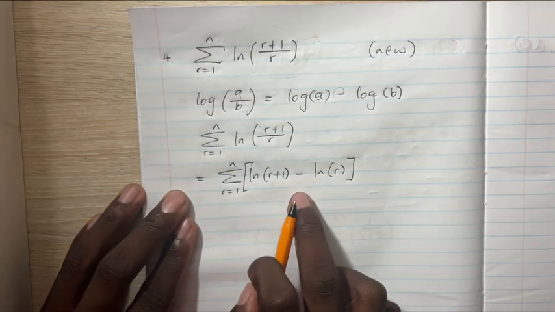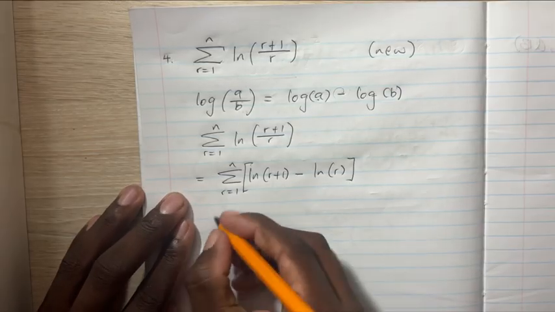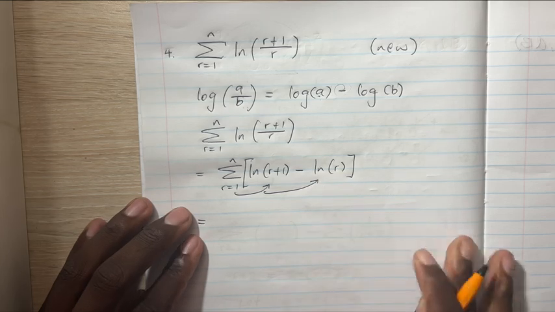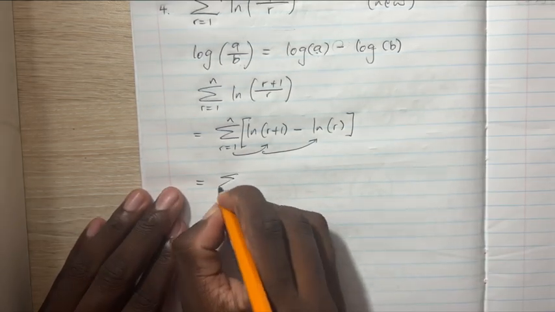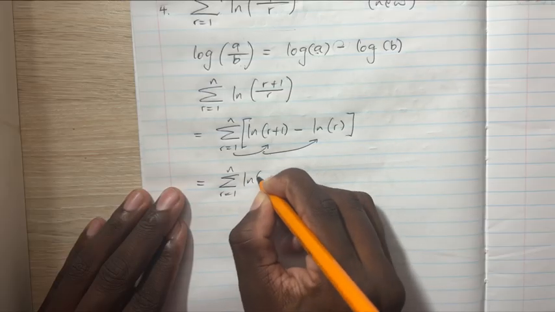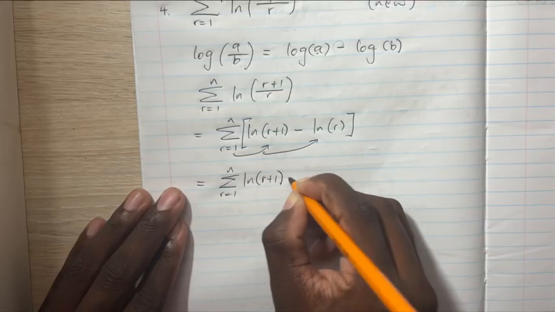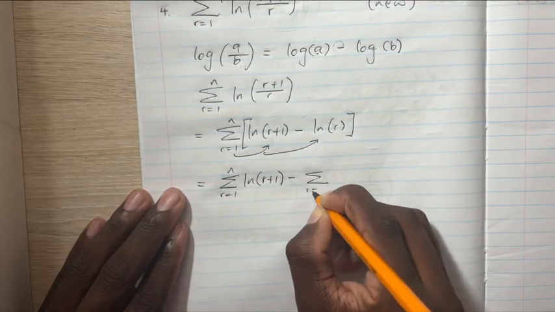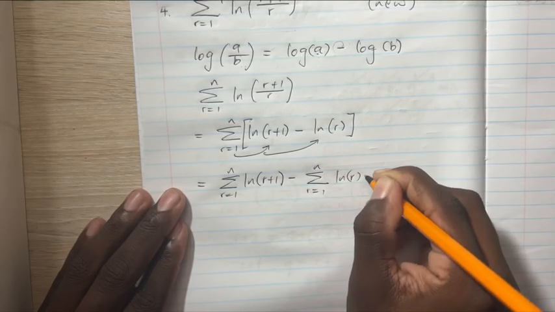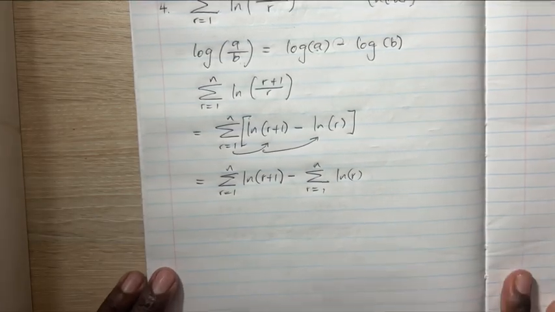That's what we have. Now we have our negative. We smile. Now we distribute this guy. If we distribute that guy, we get sum from r equals 1 up to n of ln (r plus 1) minus sum from r equals 1 up to n of ln r. This is what we have.